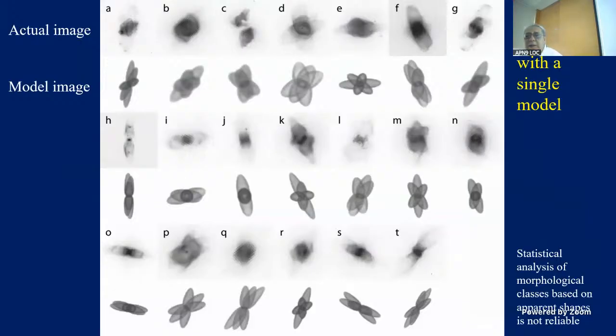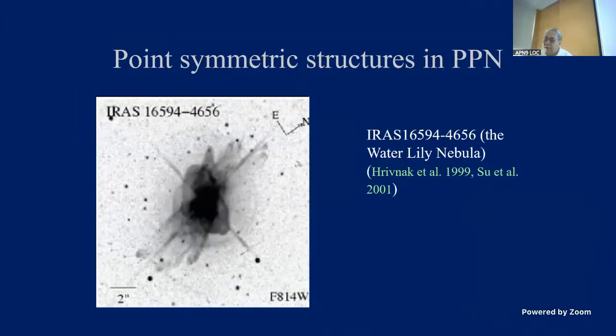On the top row are the actual images, and on the next row are the simulated images. So one single three-dimensional model can create many different two-dimensional morphologies depending on the sensitivity level and orientation.